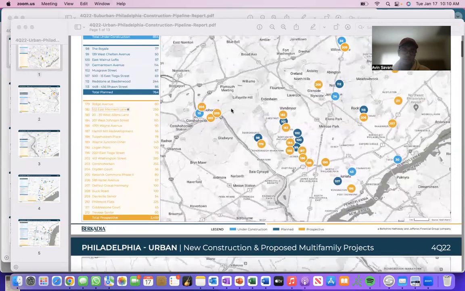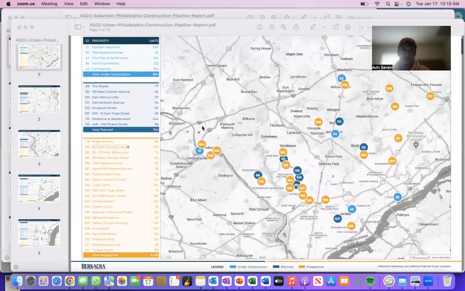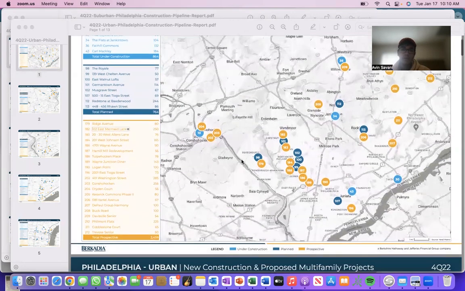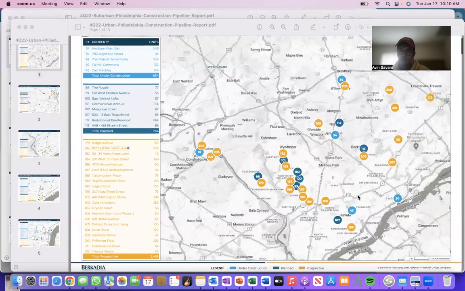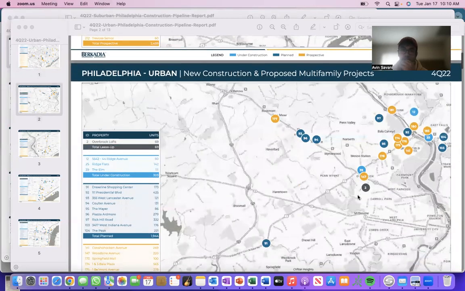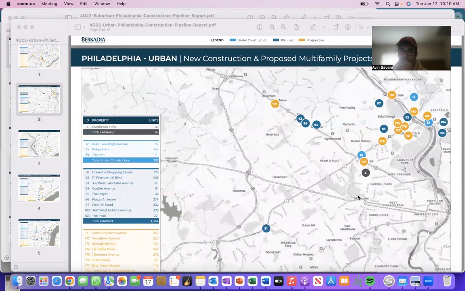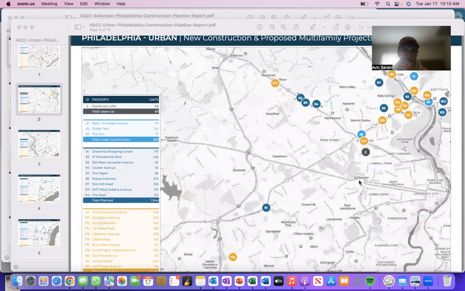So yeah, you see some activity. Currently we're from Fort Washington, this is where we are, so not too much activity here in the suburbs, but a lot of good activity happening towards the city. This is also the other phase, the lease up phase.